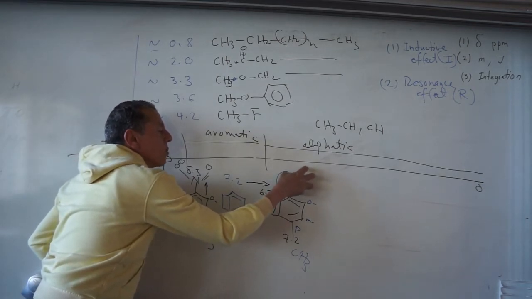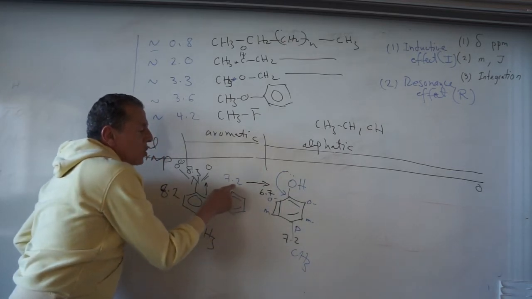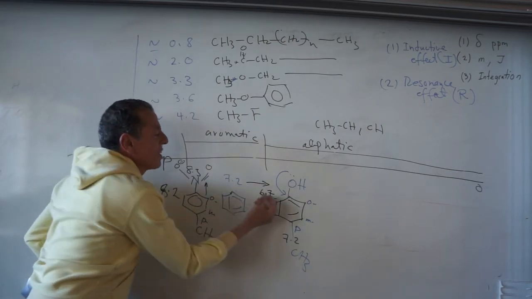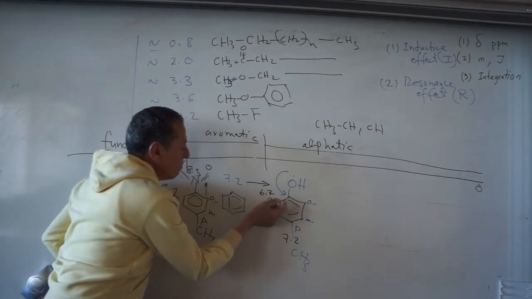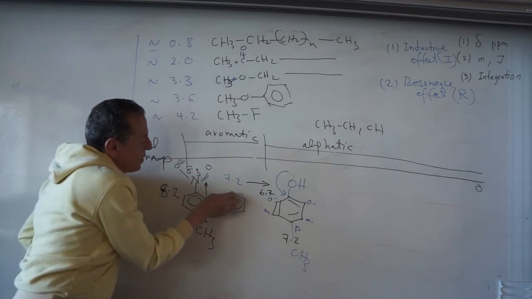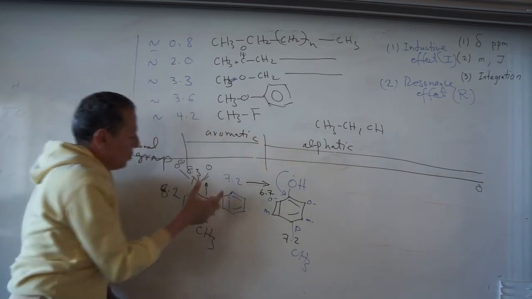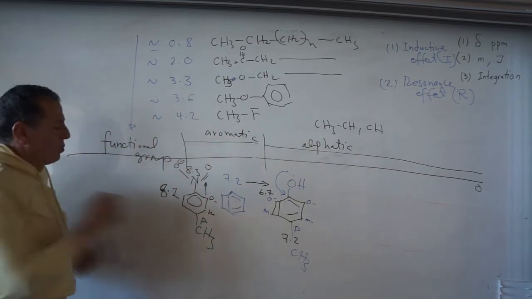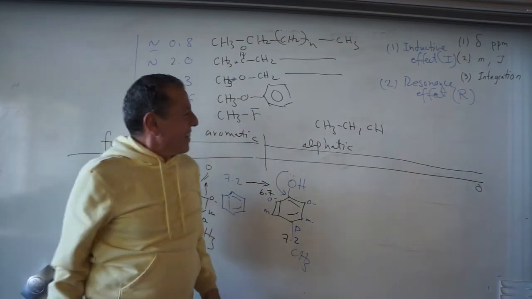In this case, it is an electron donating group. It means that you don't see it in the normal position, which is 7.2. You will see it at a lower delta value. It means shielded. And vice versa. The nitro group will affect the benzene ring, so you don't see it at 7.2, the normal position, but you will see it de-shielded, which means around 8.2. I hope it is easier now.